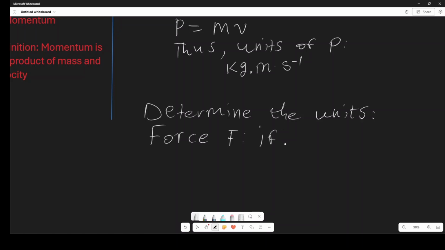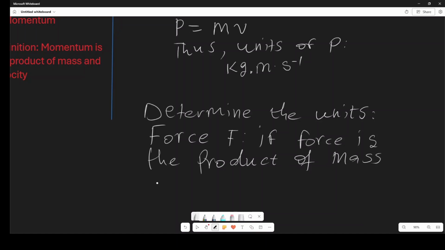I'm just going to give you a definition. Force is the product of mass and acceleration. So you can pause the video and work out the units of force using this definition.